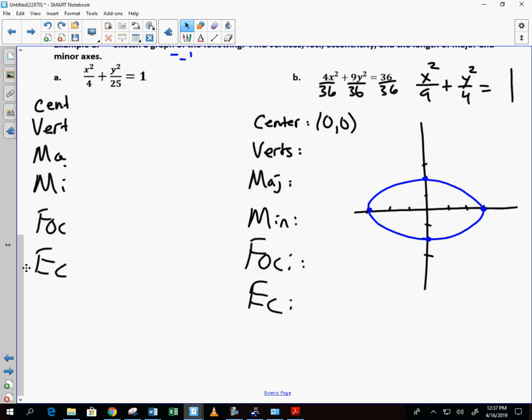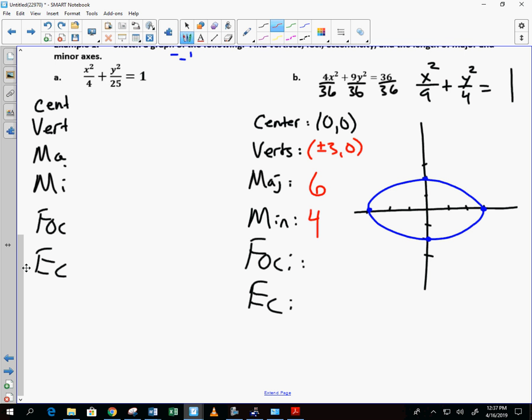Can somebody tell me what my vertices are? The length of the major axis, minor axis, foci.